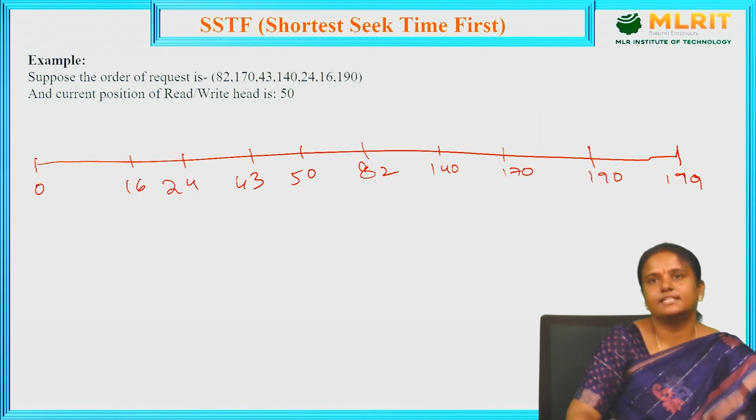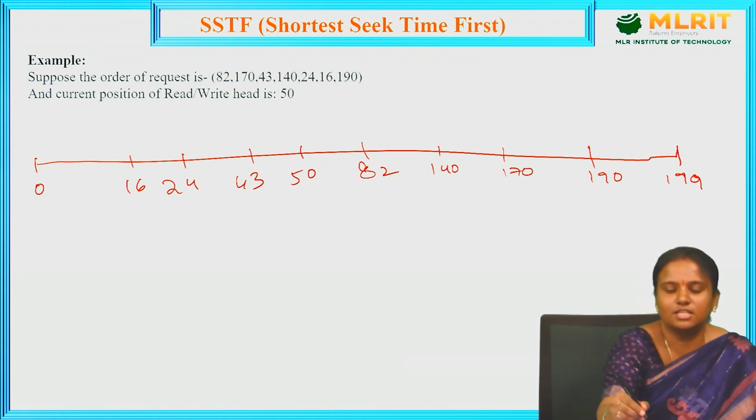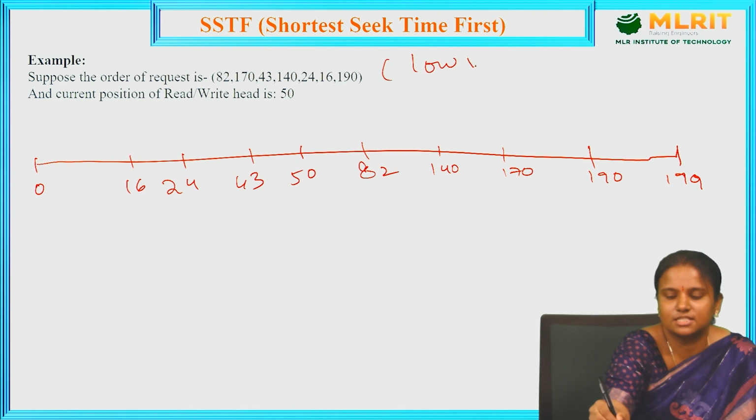So these are the disks given according to the problem. We need to calculate the shortest seek time first, meaning low values first.